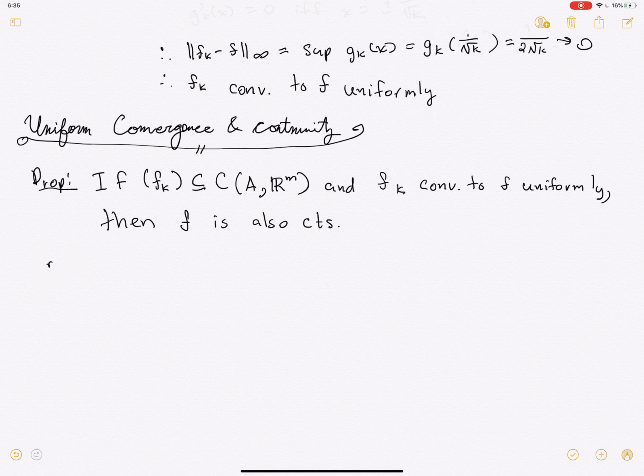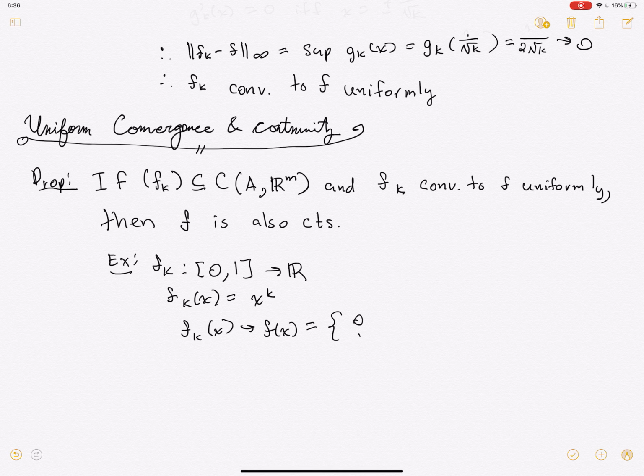Before we do the proof, let's look at an example that we looked at before. For f_k from the closed interval [0,1] to R, where f_k(x) is equal to x^k, we showed that f_k(x) converges to f(x), this function where x not being 1 is 0 and x equals 1 is 1, and this wasn't continuous, and that's because the convergence wasn't uniform.